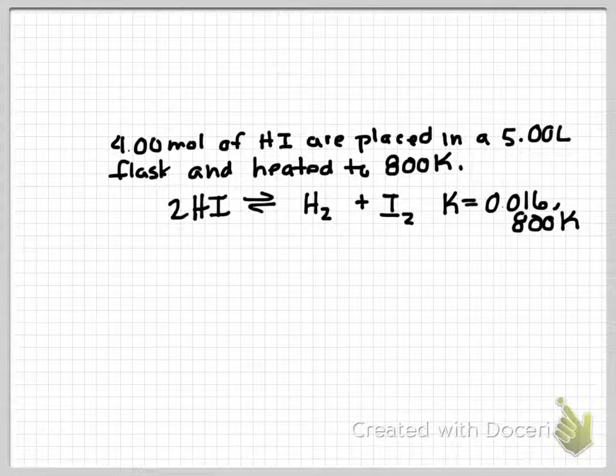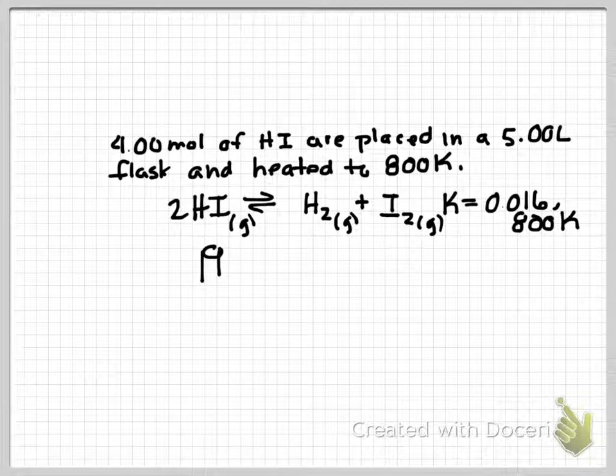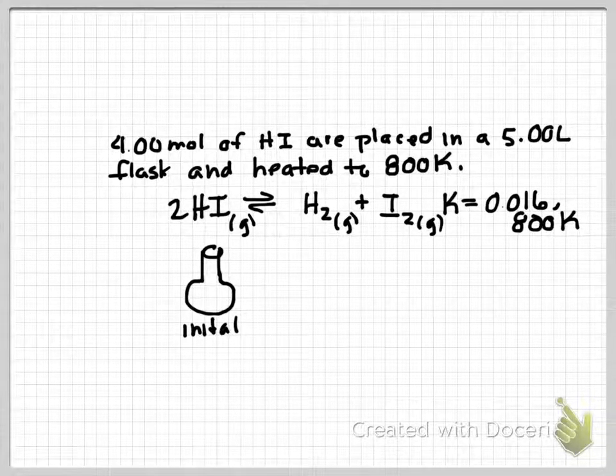So let's draw a quick sketch of what we are looking at here. Everything here is also in the gas phase. I'm going to specify that in. So I'm going to have a flask, initial, and it's got some HI molecules in it.